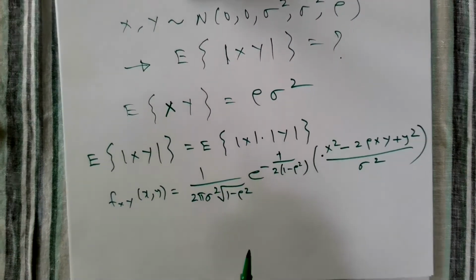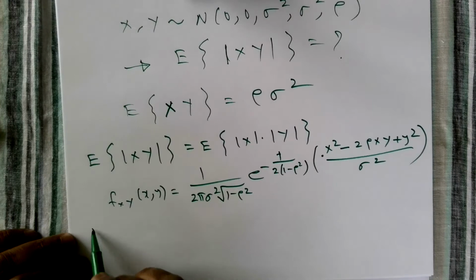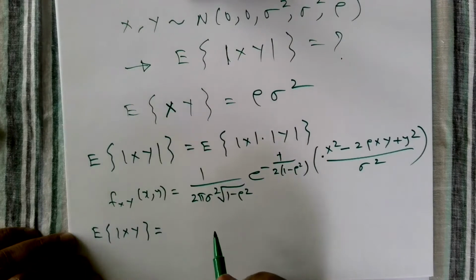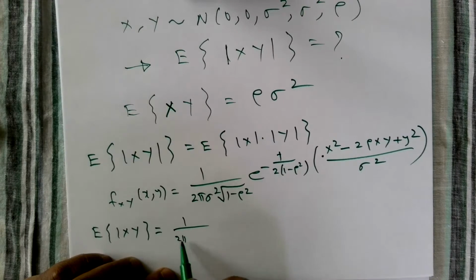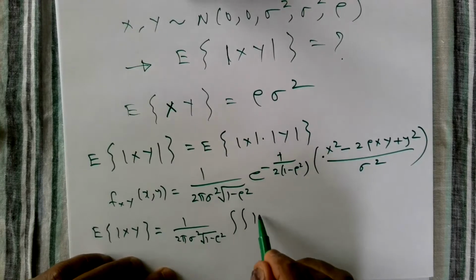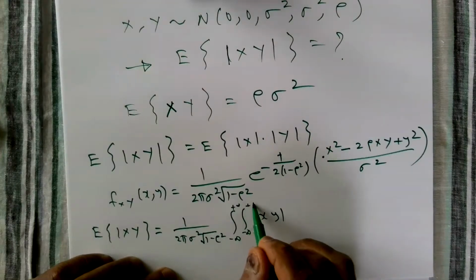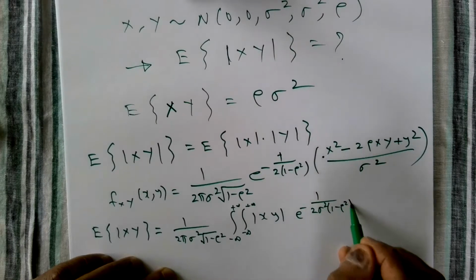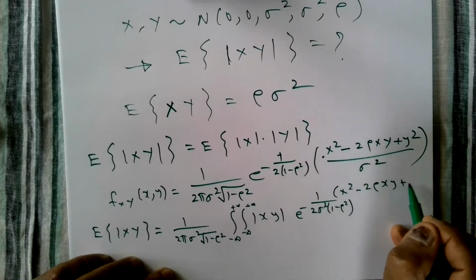We can use the basic definition and go through a lot of simplifications. So this is going to be 1 over 2 pi sigma squared square root of 1 minus rho squared, times the integral of the absolute value of xy from minus infinity to plus infinity, e to the power minus 1 over 2 sigma squared 1 minus rho squared, and in the numerator x squared minus 2 rho xy plus y squared.